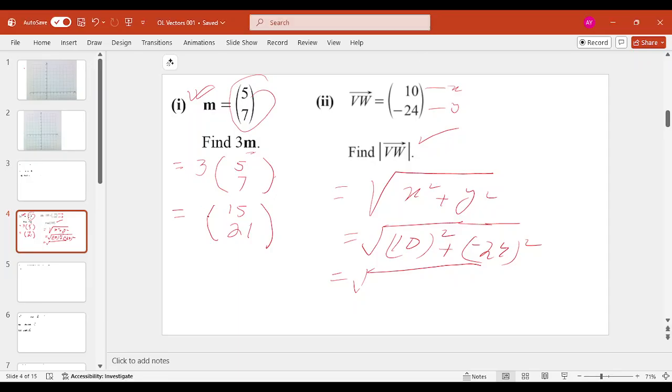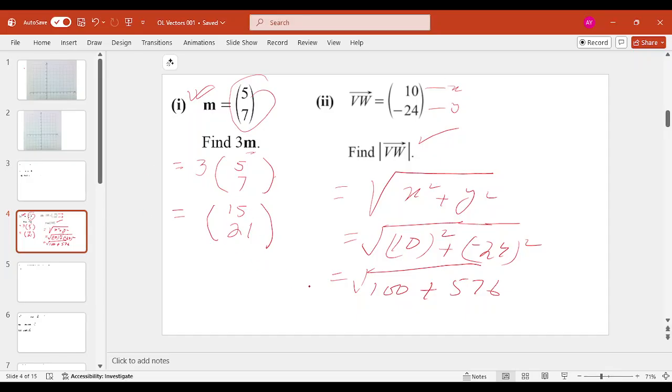It becomes 576. The square of 10 is 100, plus 576. Yes, 24 squared is equal to 576.